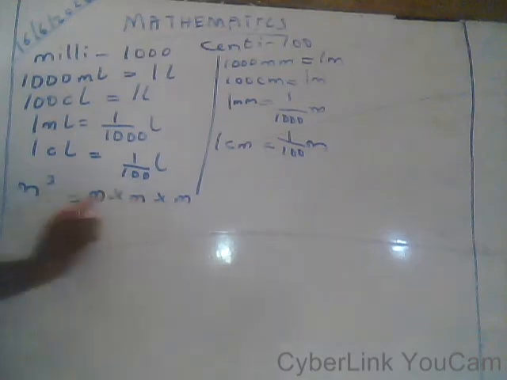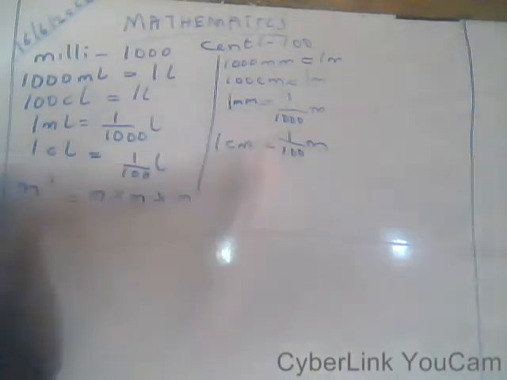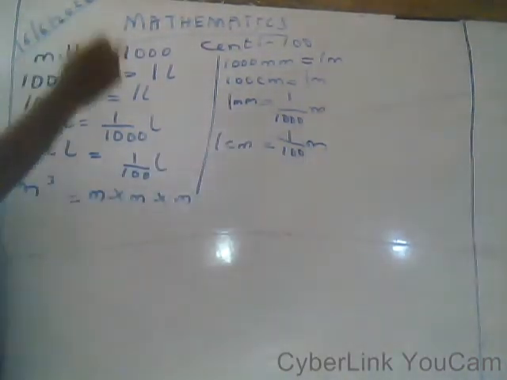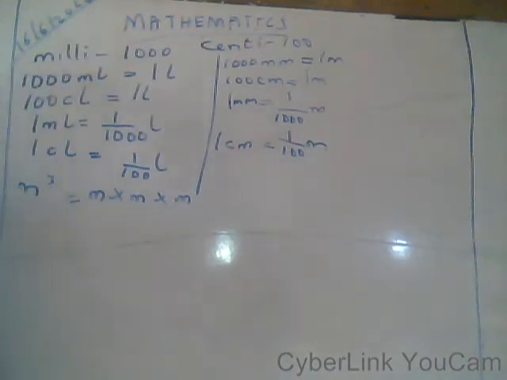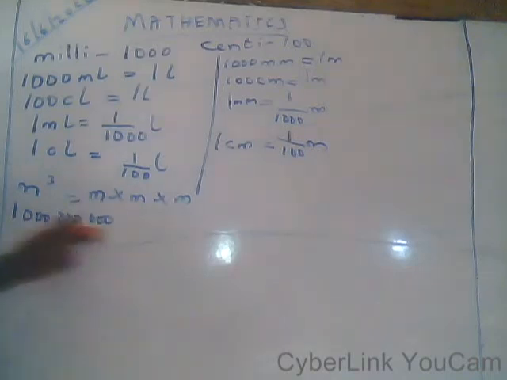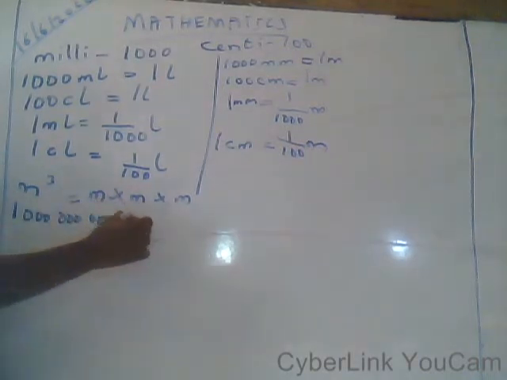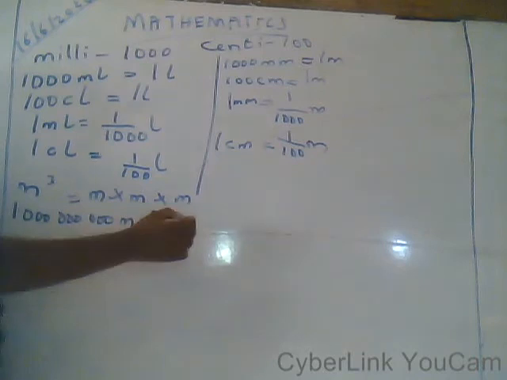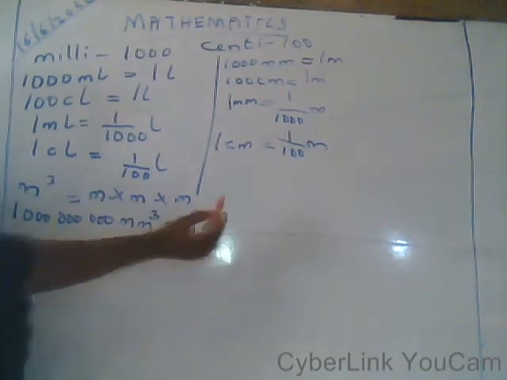Now, from this, I want to get my meter cube for each. The first one I wrote, 1000 millimeter. That means I have to multiply this 1000 3 times to get millimeter cube. That is 1000 times 1000 times 1000, which is 1 million millimeter cube, and it will give me 1 meter cube.